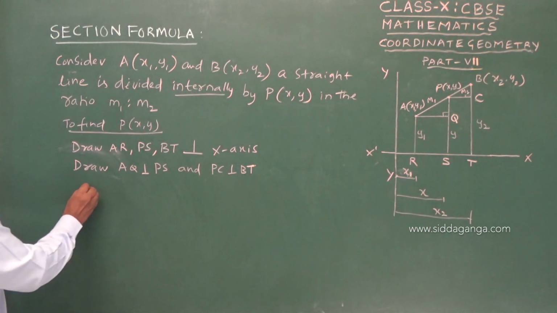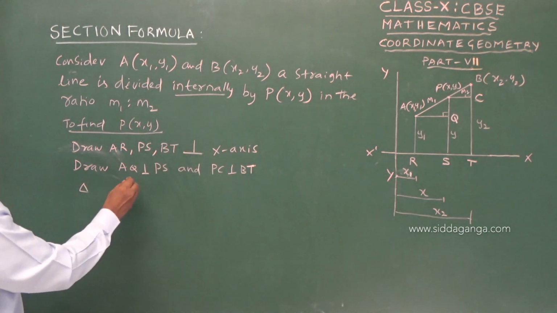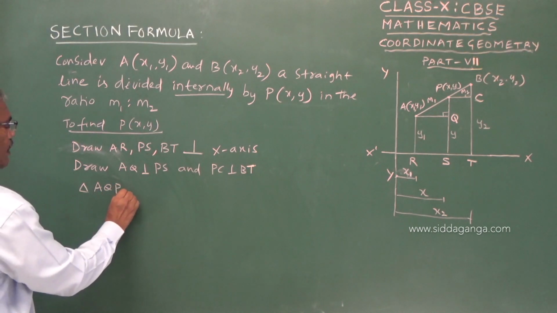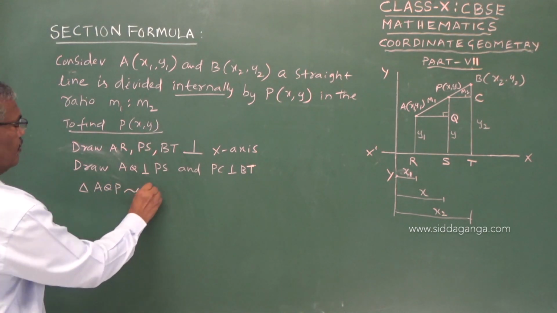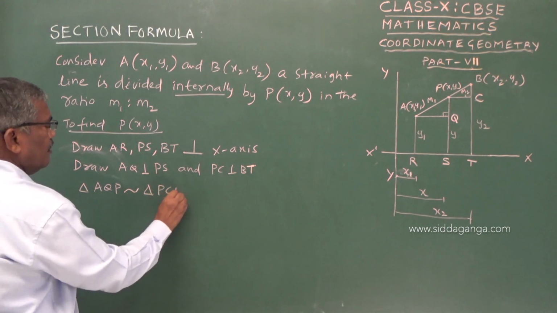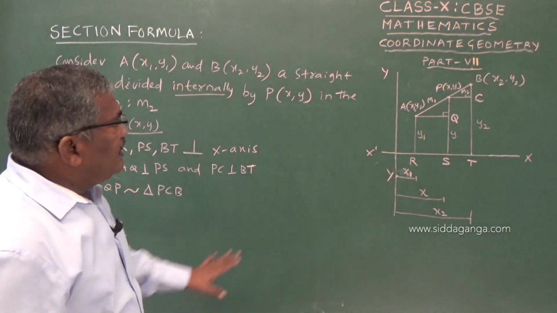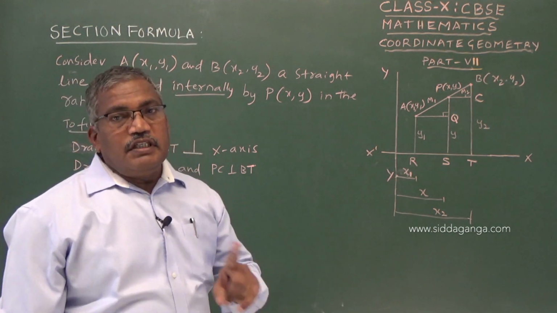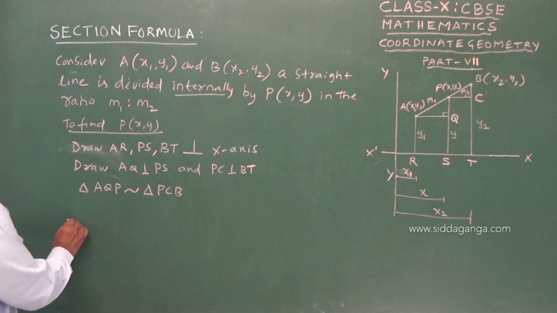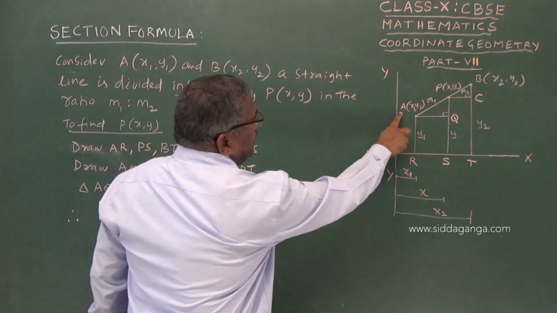So triangle AQP is similar to triangle PCB. Now, when the triangles are similar, the sides are proportional. So therefore, I will write the proportional sides now.